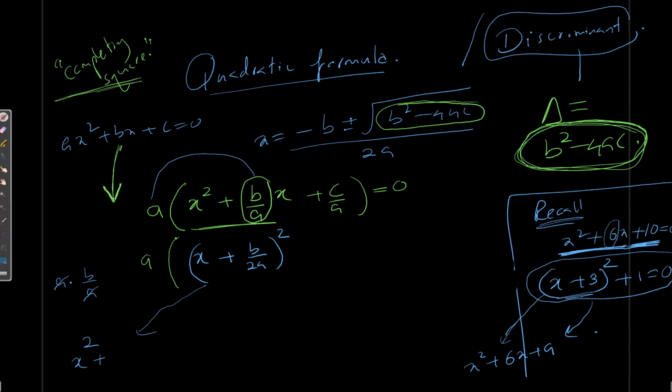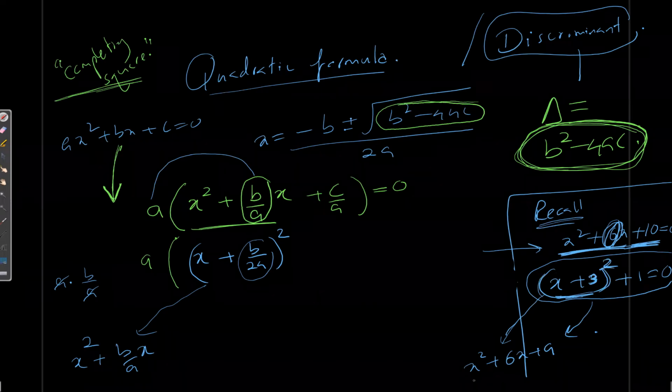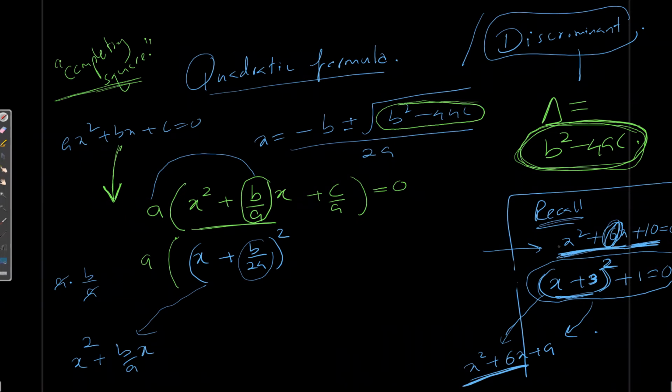So x squared plus 2 times x times this term, b over a. Let me take you back to this example. When you divide this number by 2 and you get 3 here, x plus 3 squared, automatically you are getting the first two terms. What you need to do is adjust the last term as needed.